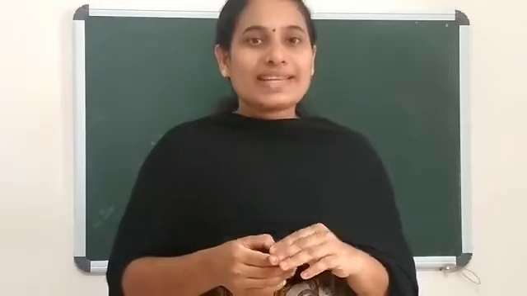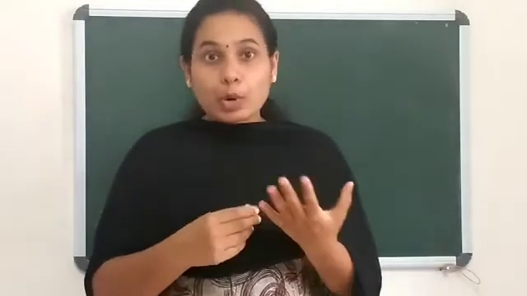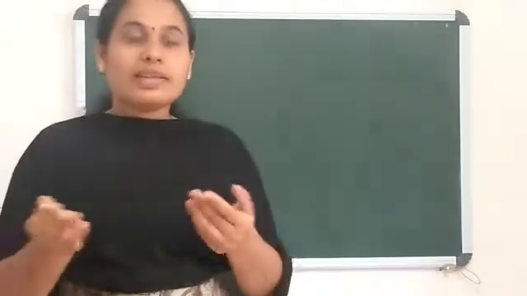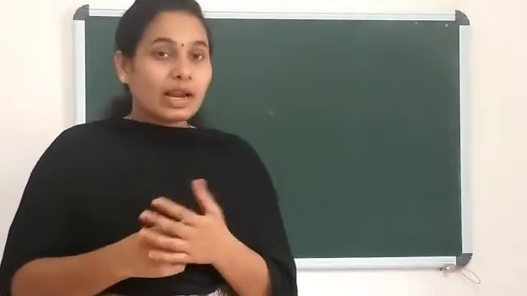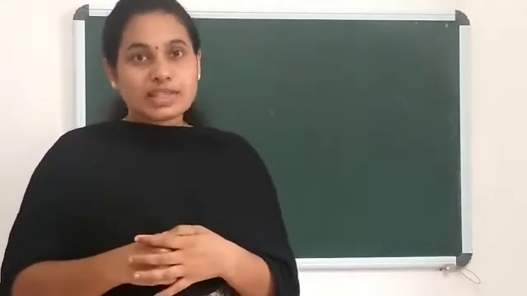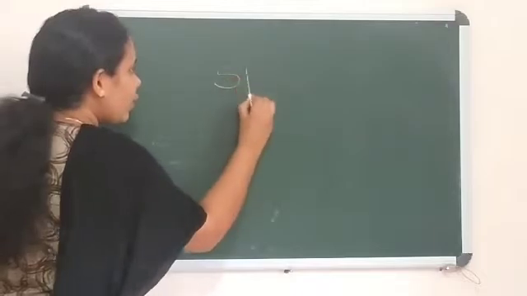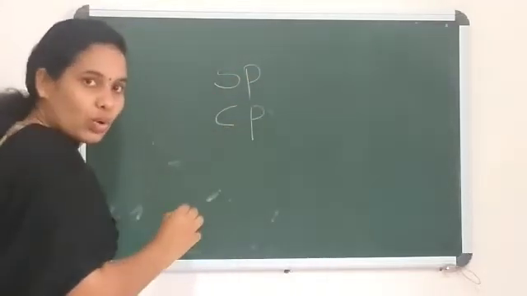Today we are going to discuss cost price, selling price, profit percentage, loss percentage, all these things. You all know when we will have a profit and when a loss happens. SP denotes the selling price, CP denotes the cost price.